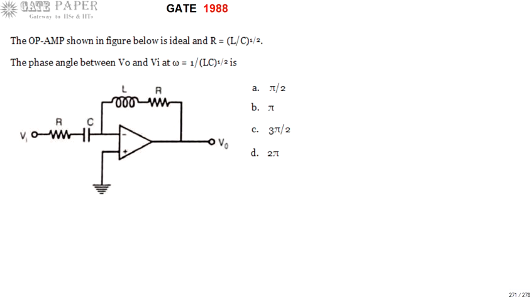For the op-amp circuit shown, the op-amp is ideal and the R value is square root of L by C. We are going to calculate the phase angle between V0 and Vi at omega equal to 1 by root LC. What is the phase angle for V0 by Vi? The right answer for this question is C, 3 pi by 2.